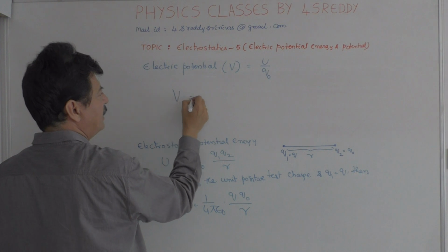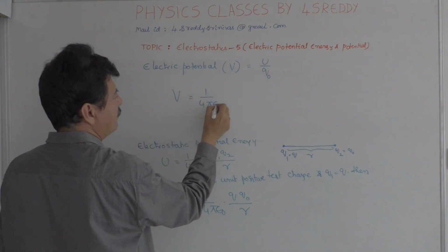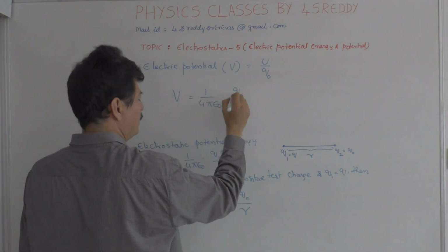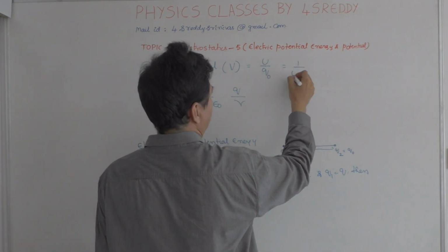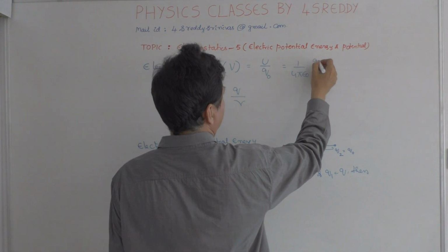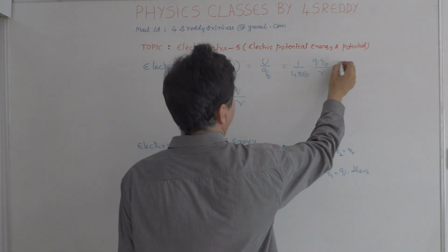Therefore, V can be written as 1 by 4 pi epsilon naught Q by R.